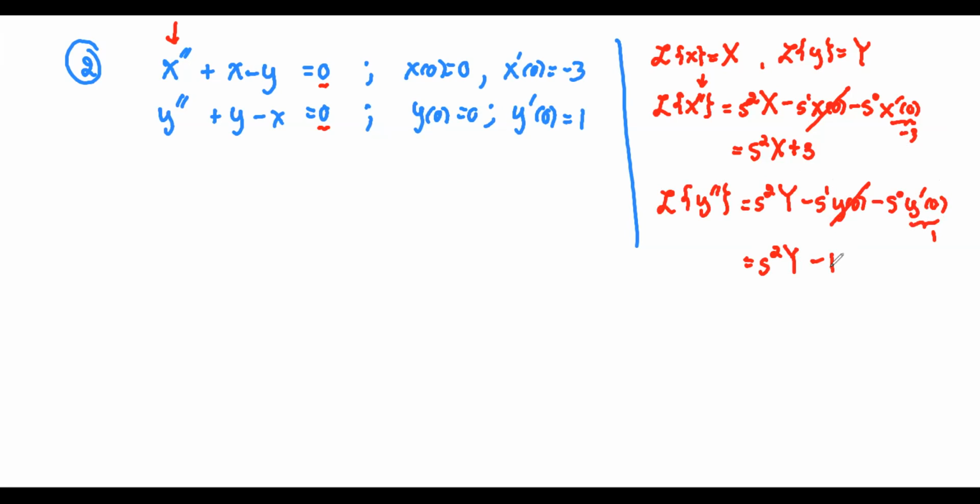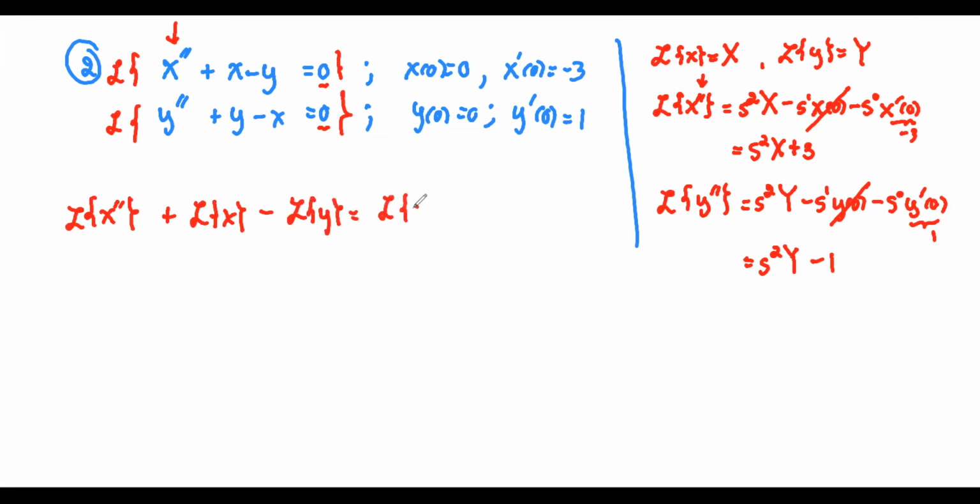Next, we go back to the problem and apply the Laplace transform to both sides of each equation. So write out the Laplace of x double prime plus the Laplace of x minus the Laplace of y equals the Laplace of 0. Second one, the Laplace of y double prime plus the Laplace of y minus the Laplace of x equals the Laplace of 0.